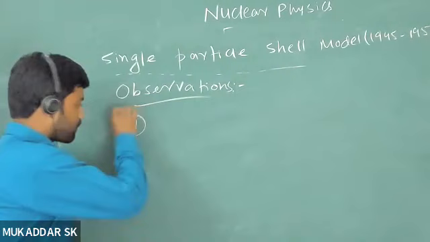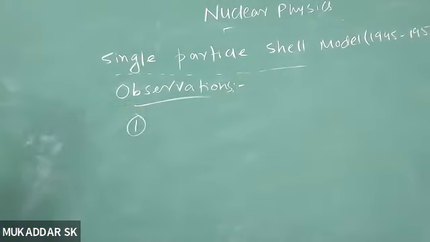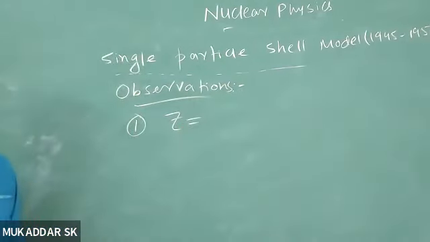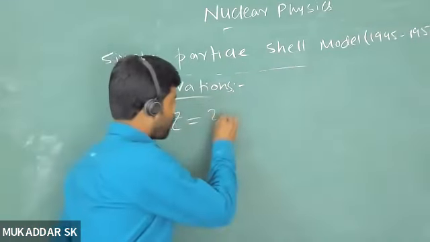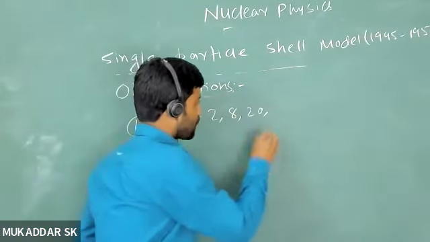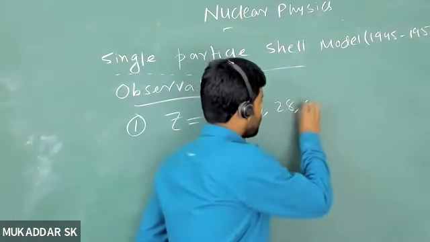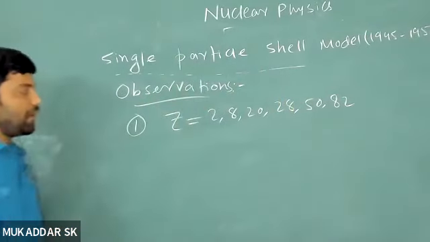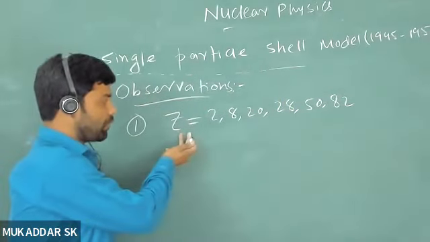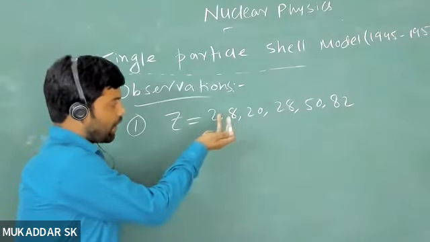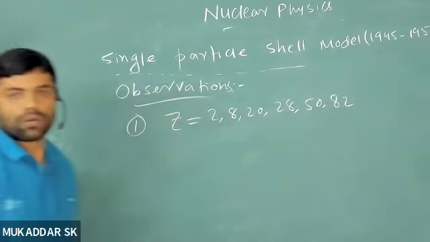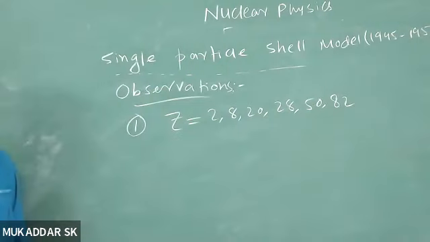So observation number 1. It is observed that if any nucleus contains atomic number like 2, 8, 20, 28, 50 or 82, that is, number of protons either 2 or 8 or 20, 28, 50 or 82, they are found to be most stable.